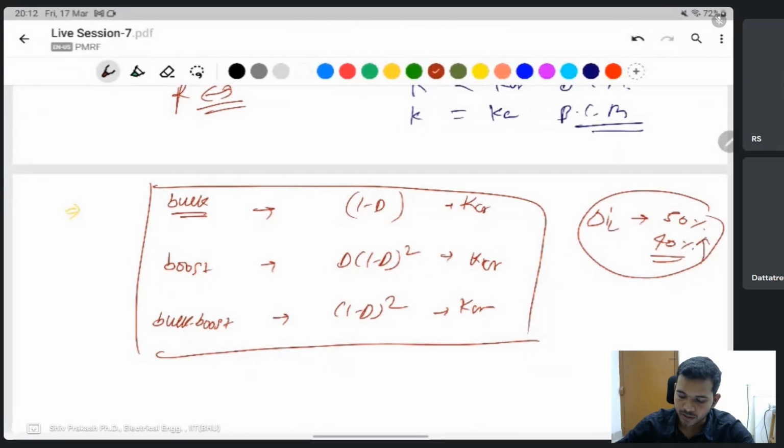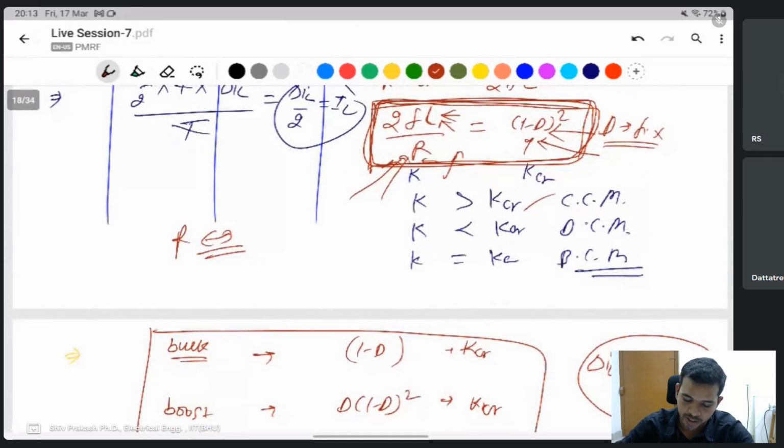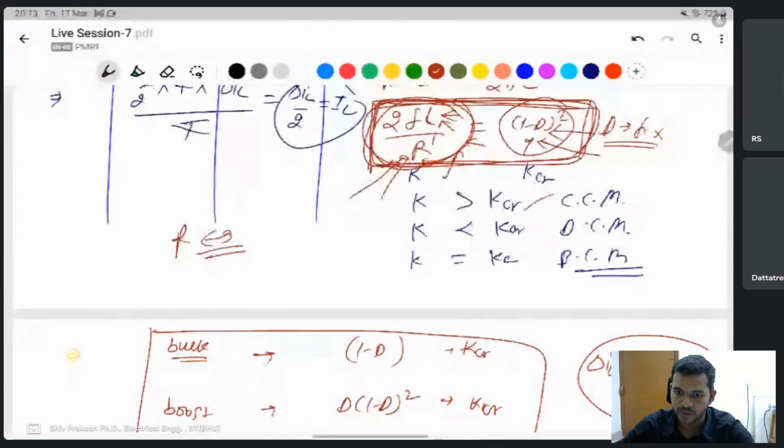That's why you first find this critical condition. If you want to operate a converter in continuous conduction mode, then the inductor should be greater than the critical value of L.